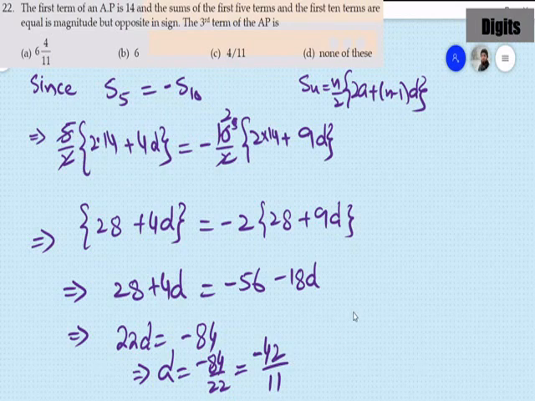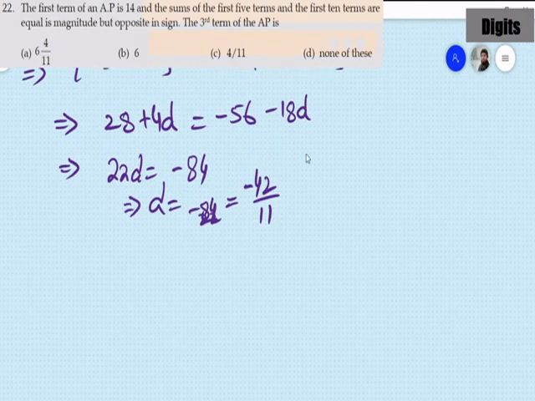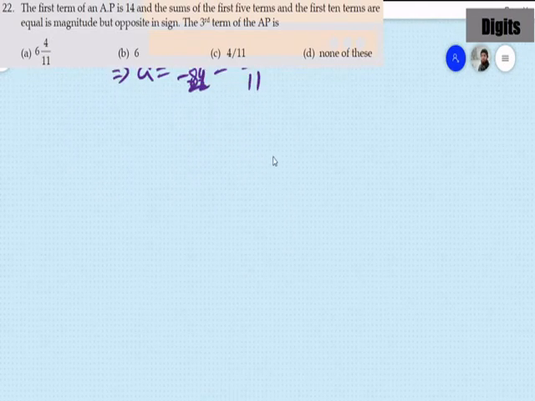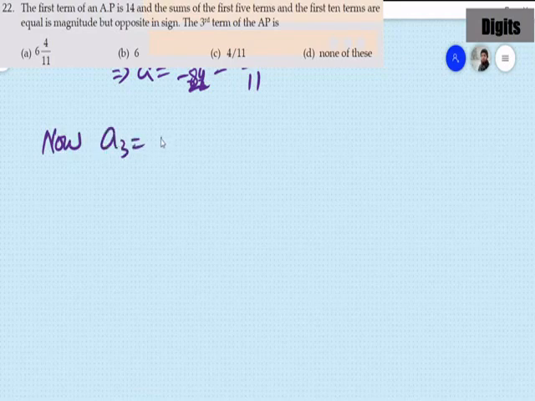Now we have to find a3. a3 is equal to a plus n minus 1 d, that is a plus 2d.